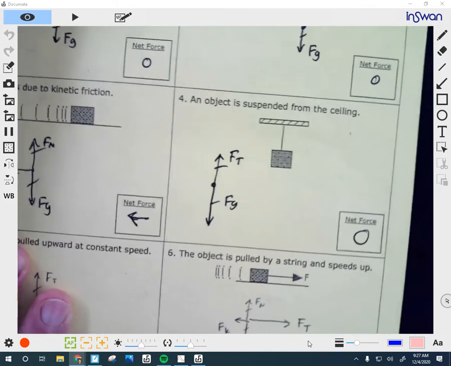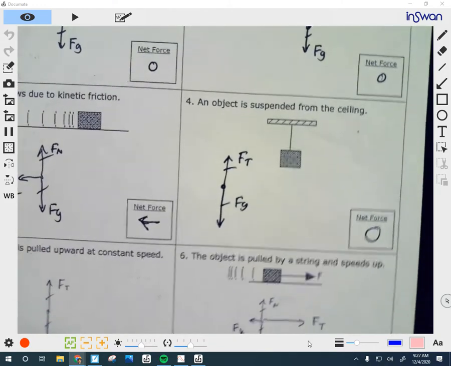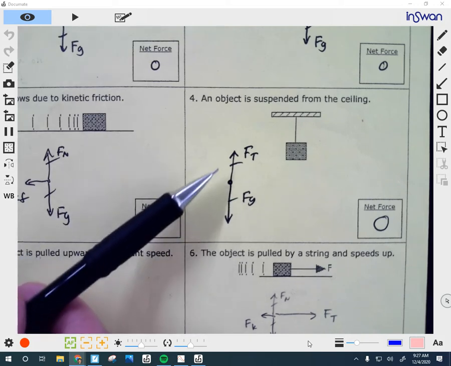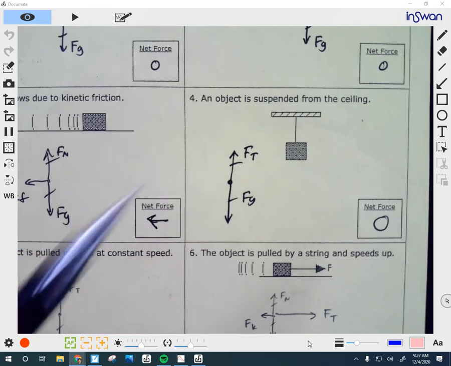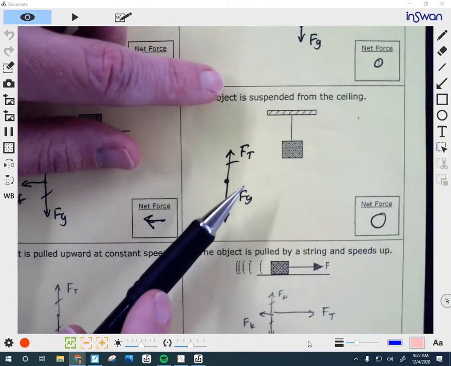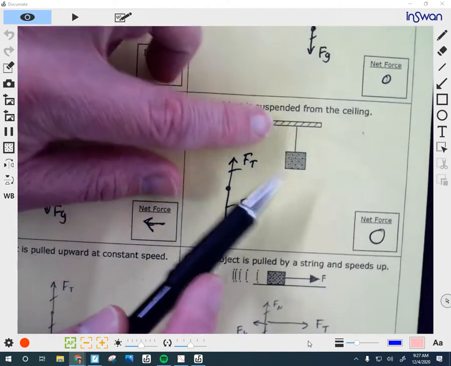Right. So number 4, very similar to the first problem, except instead of being on a surface, the object is hanging from some sort of rope or string or something like that. So the only difference is the upward force. It's not a normal force because it's not from a compressed surface. We call it FT for tension force. And again, the way we think about it, a tension force is kind of an active process.